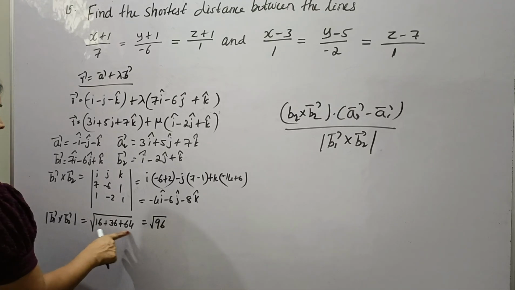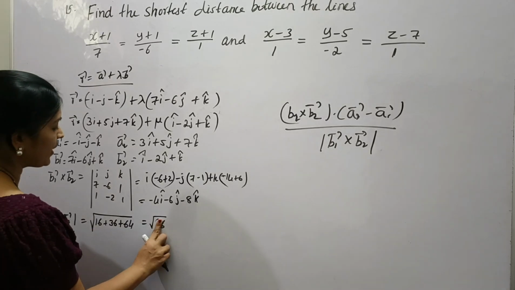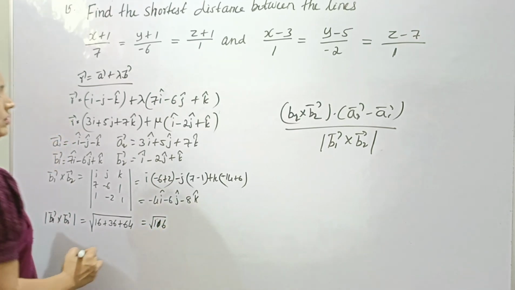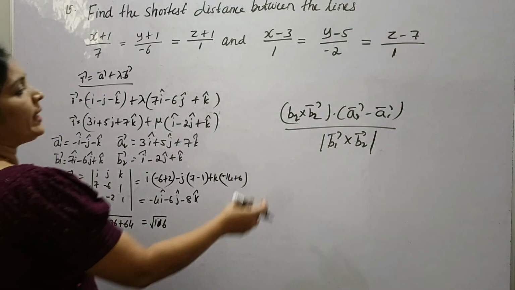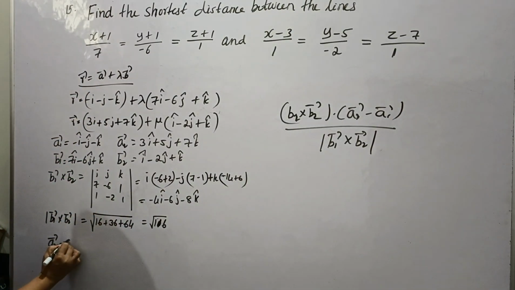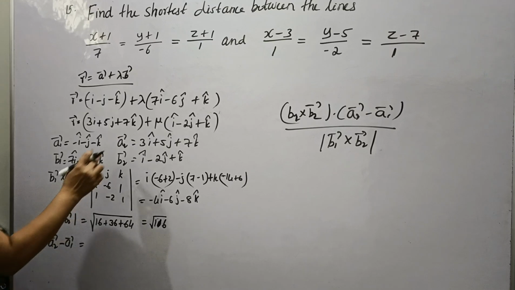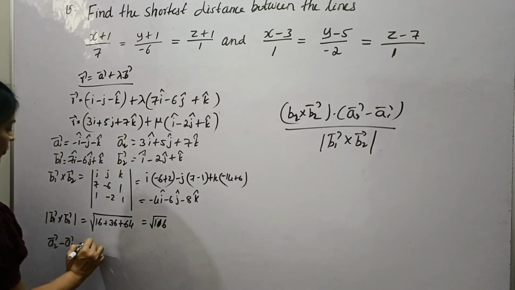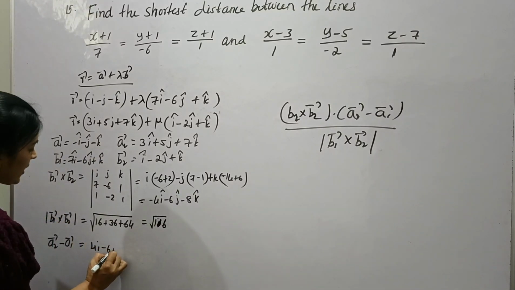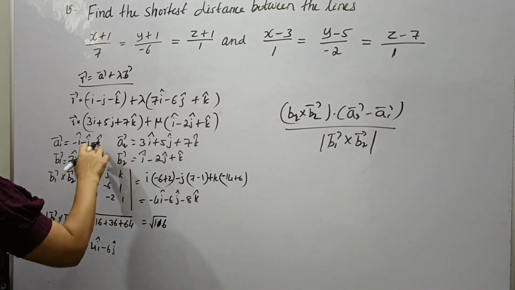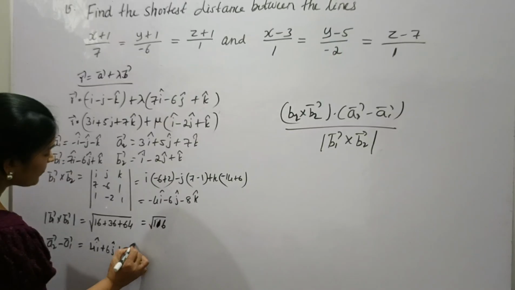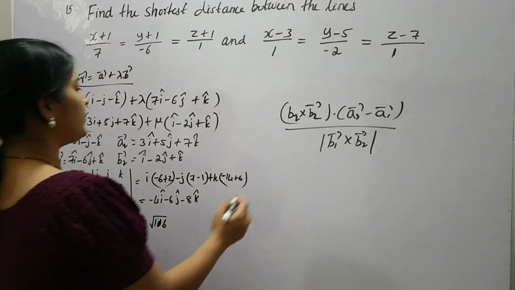Sorry, it is 116. Then let's find vector a2 minus vector a1. Vector a2 minus vector a1 is equal to 3 minus minus 1, 4i, 5 minus minus 1, 6j, 7 minus minus 1, plus 8k.